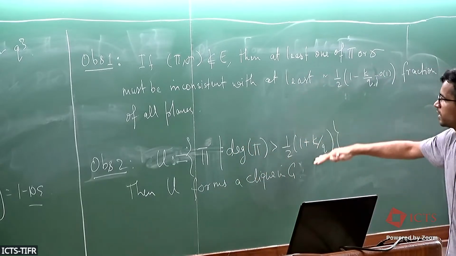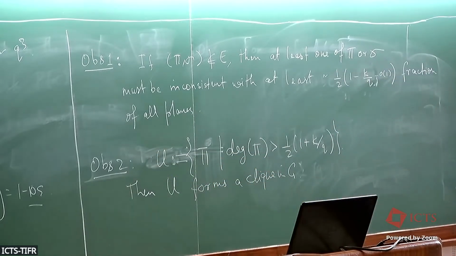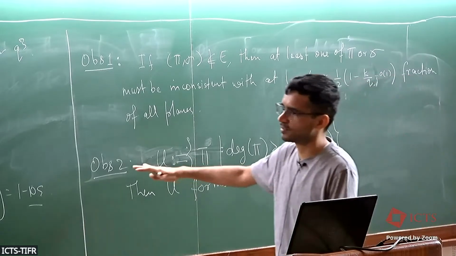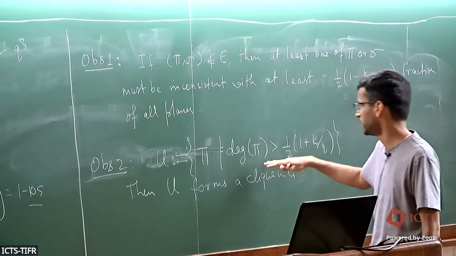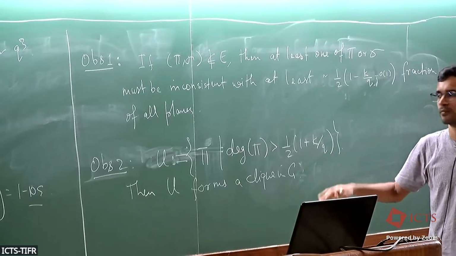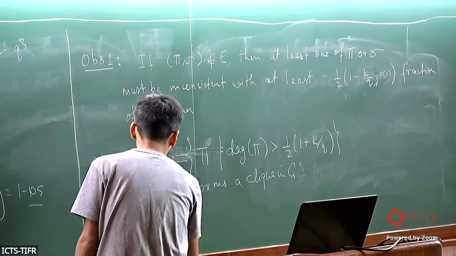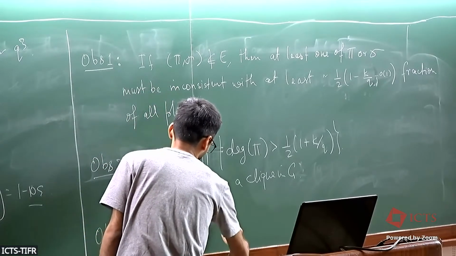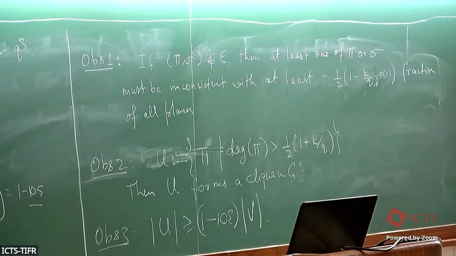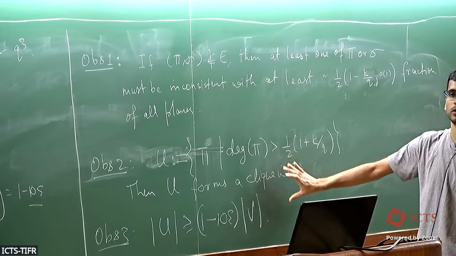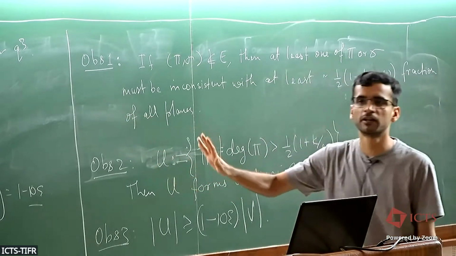So going from here to here, now that we know that all vertices with large degree form a clique, we would like to conclude that there is a large clique by showing that most of the vertices in this graph actually have large degree, degree larger than half times 1 plus k over q. So observation 3 is that the size of U is large, nearly the size of V. Going from observation 2 to observation 3 is just a combinatorial consequence of the fact that the average degree in this graph is very high.